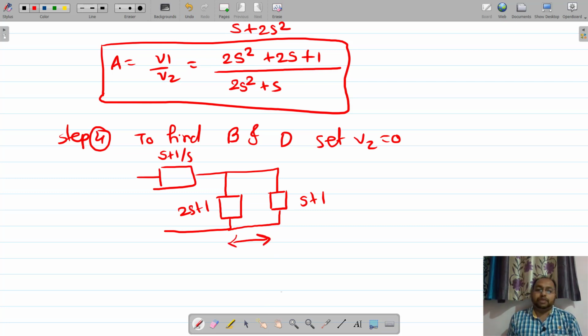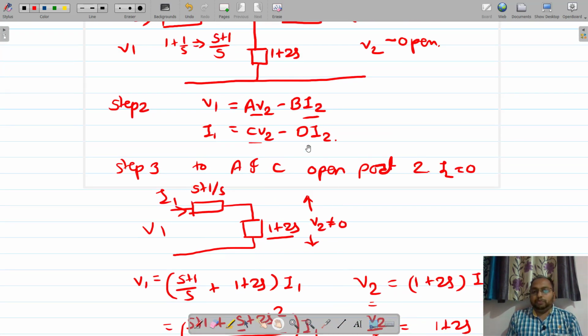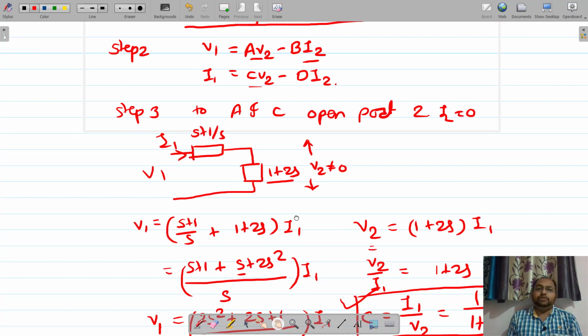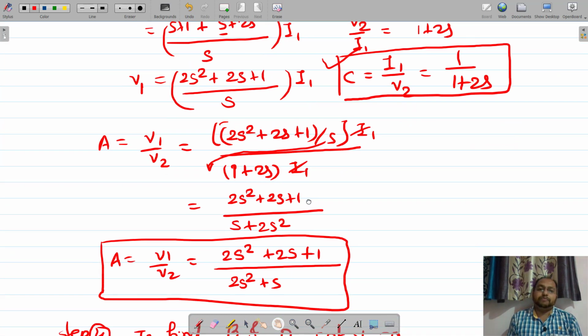Now remember, B is nothing but V1 by I2, right? So you need to arrange I1 in such a way that you have a V1 term. We will see that accordingly. Then we need to go for the current division rule. So these are the two steps, right?